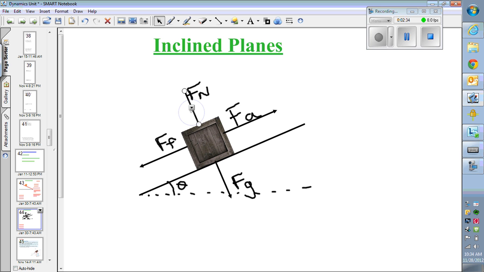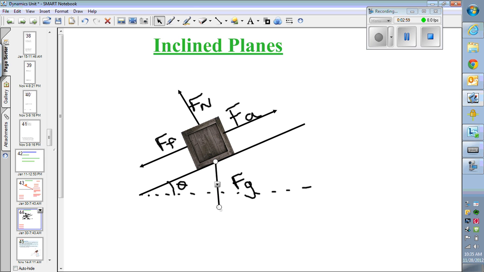The normal force should still be at a 90-degree angle to the surface, so if we move it a little bit, it looks that way for FN. This is still a normal force, perpendicular to that surface, what the ramp pushes back with. But we get a problem with the way gravity is drawn. Gravity doesn't change just because you inclined the plane.